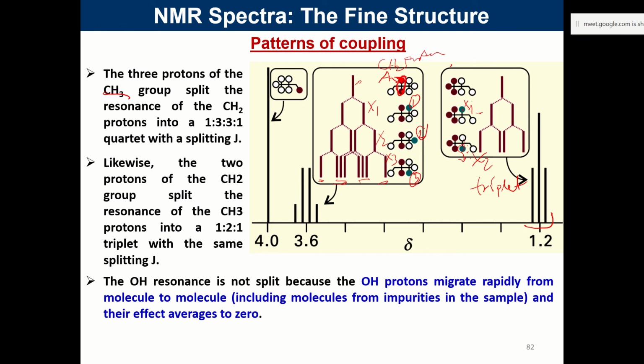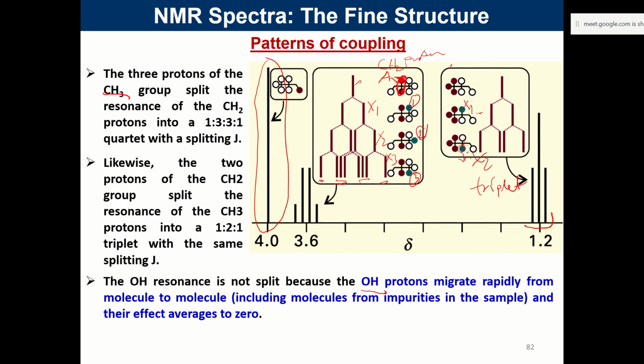OH resonance is not split. OH resonance is surprisingly, this is very interesting, OH resonance appears as a single line. That proton can also interact, but what is the problem? The behavior is like this, that the OH proton is mobile.